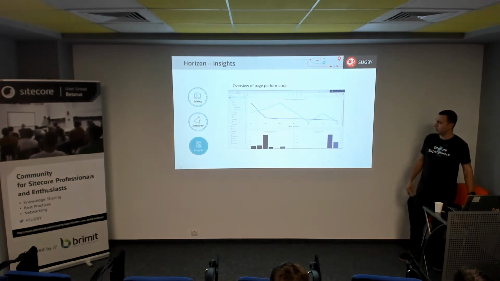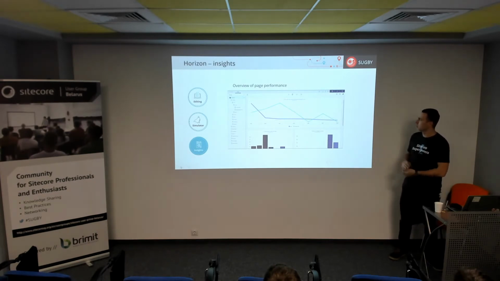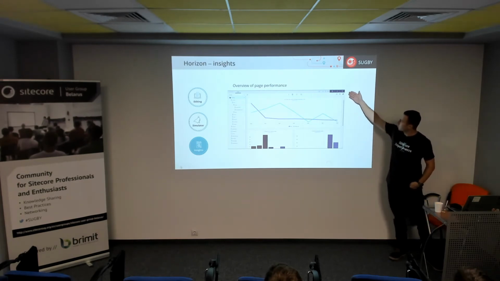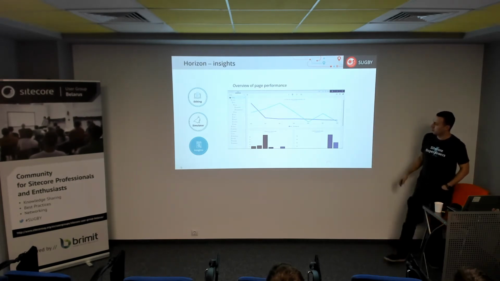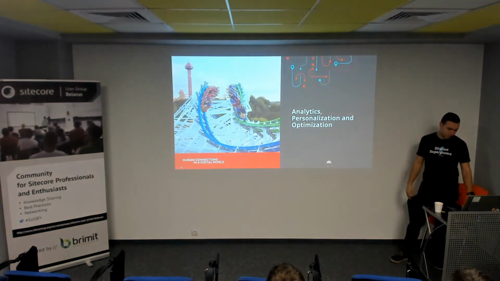And also we can see the statistics for each page. Just by clicking on this icon, I don't have the pointer, you can see how many visits you have on your page and other statistics.